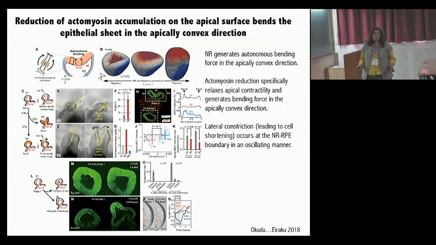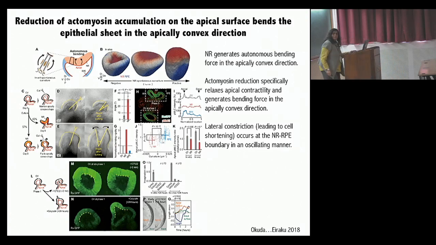What they also showed, which hadn't been seen before, was that the cells at the hinge actually shorten, right? This is not apical constriction, but they become short, and that this constriction actually also contributes to this complex morphology here.